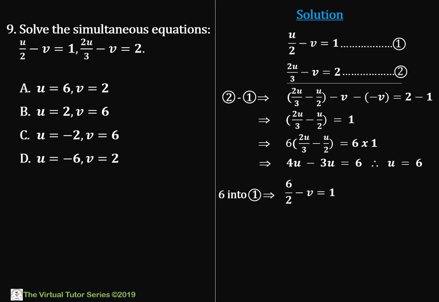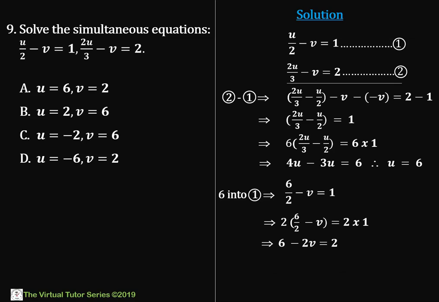Multiplying both sides of the equation by 2, we have 2 times 6 over 2 minus v is equal to 2 times 1. 2 into 2 is 1, and 1 times 6 is 6. 2 times v is 2v, and 2 times 1 is 2. So we have 6 minus 2v is equal to 2.